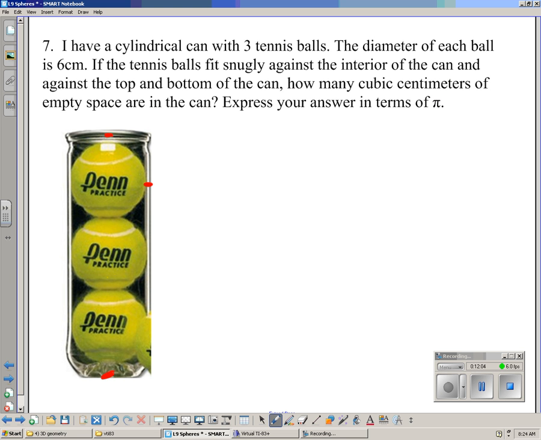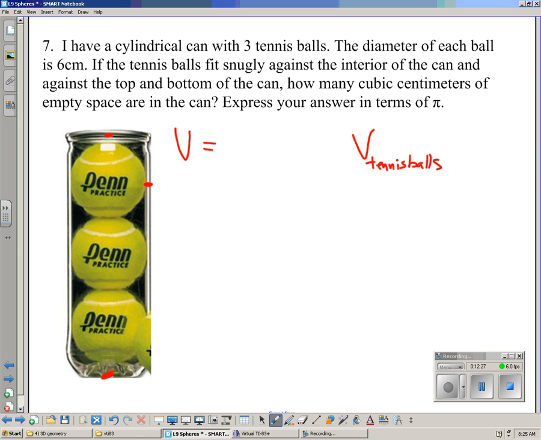Well, the can is a cylinder. Okay. So we can figure out what the volume of the cylinder is, because that's the entire can. And then we can figure out the volume of the tennis balls in the can. And if we took the volume of the cylinder and subtracted the volume of the tennis balls, we would figure out the empty space that's in the can.